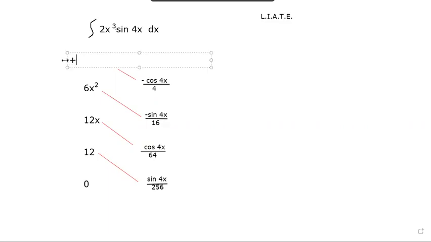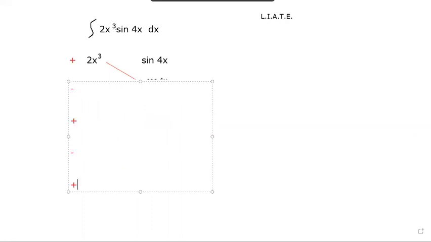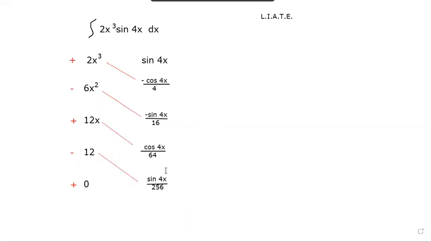We want to go plus, let me put it in red, minus, plus, minus, plus. Now we simply want to multiply and finish the problem.